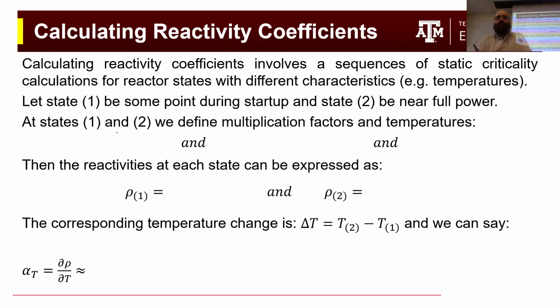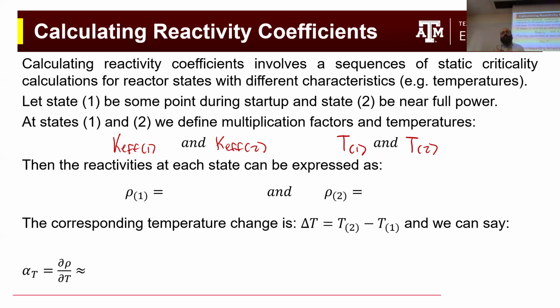We're going to have a K effective 1 and a K effective 2, which is my multiplication factor at states 1 and 2, and then a temperature 1 and a temperature 2, which correspond to my temperatures at states 1 and 2.